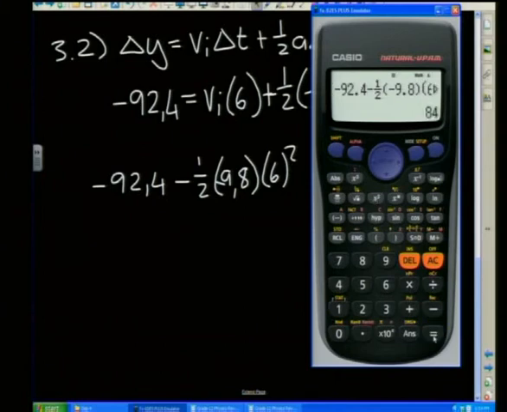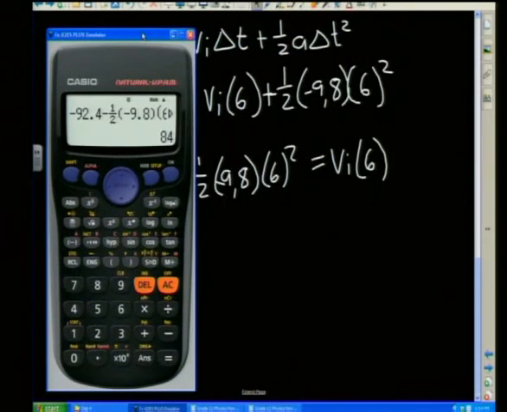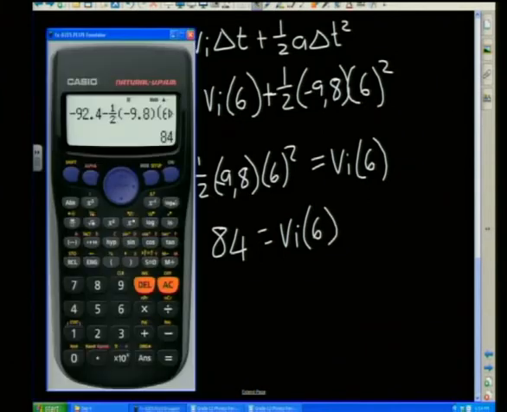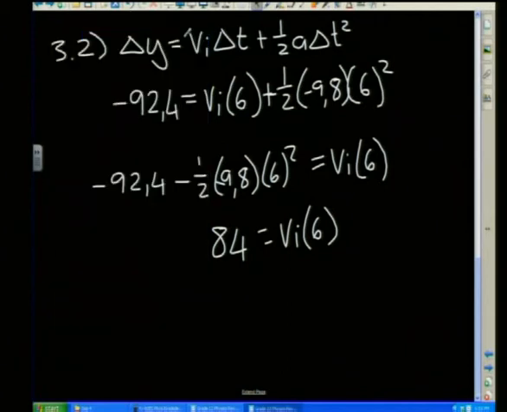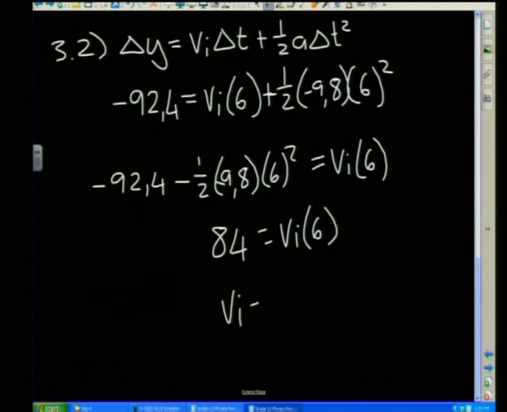That gets an answer which is not quite there yet. I've got 84. That's not my final answer. I've got 84 is equal to VI multiplied by 6. I still need to simplify that by dividing both sides by 6, and that'll get me an answer of 14. So I get a V initial of 14 meters per second.